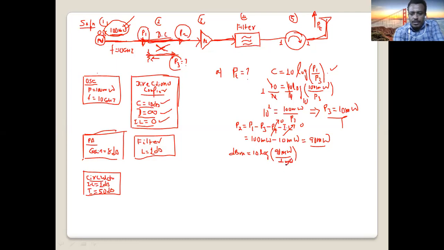Okay, so 1 milliwatt gets cancelled, so it will be 10 log of 90. How much in dBm? Let's use our calculator.